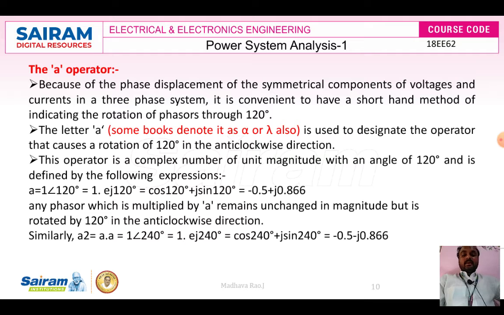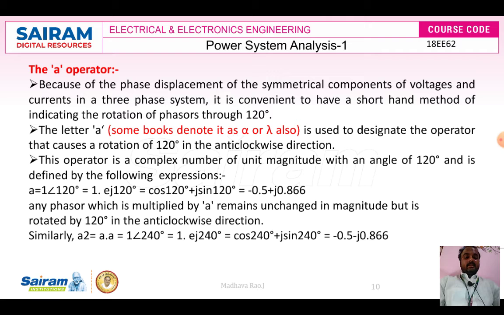If you multiply A with A again, the magnitude does not change, but it is rotated by another 120 degrees anti-clockwise. So A square equals A into A, which is 1 at an angle 120 degrees times 1 at an angle 120 degrees, equal to 1 at an angle 240 degrees, since angles add in multiplication.